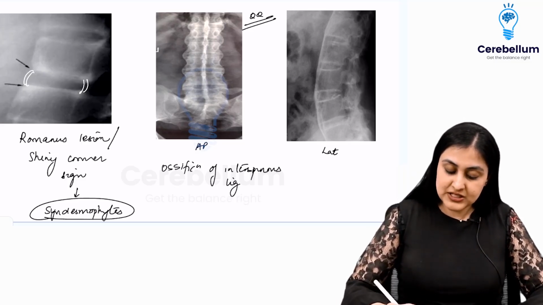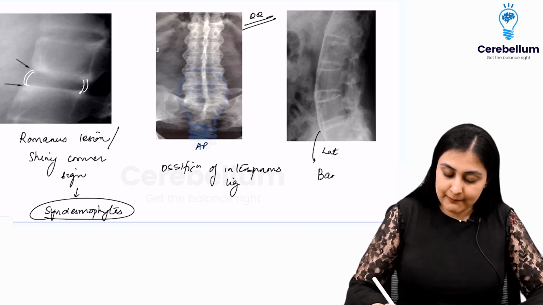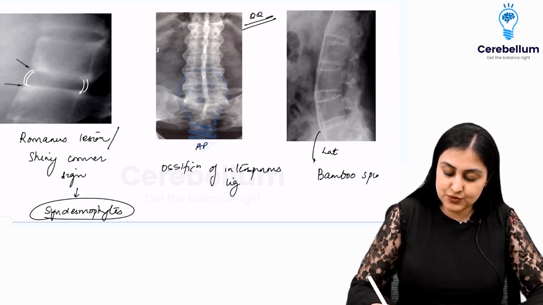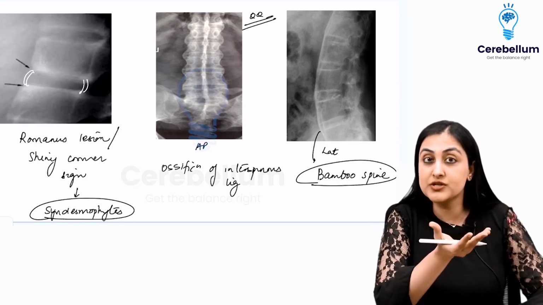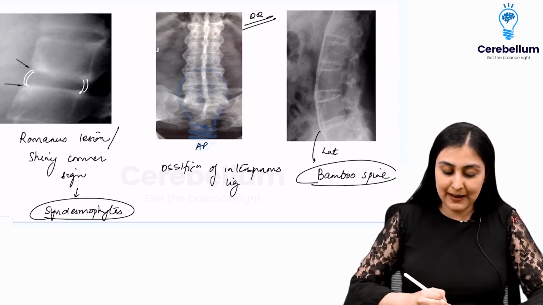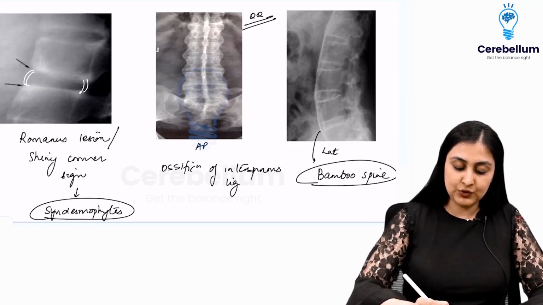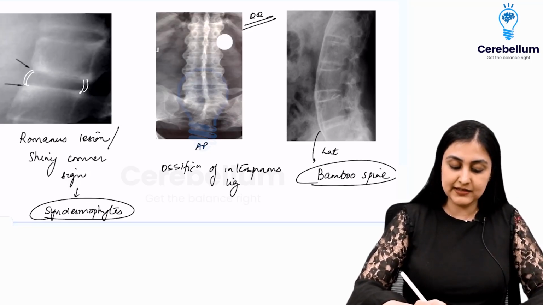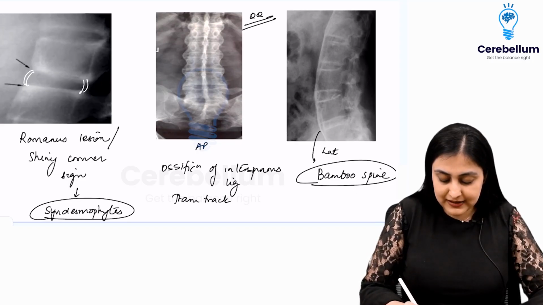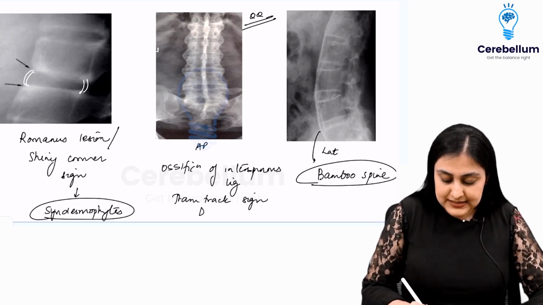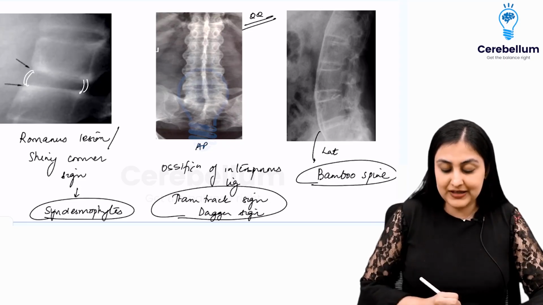So this is called the bamboo spine. The whole spine is fused like a bamboo. That's why there was limited flexion that we studied in the Schober's test, right? So this is called bamboo spine. And on the AP view, you have these three lines going together. That is referred to as tram track sign, also called dagger sign.